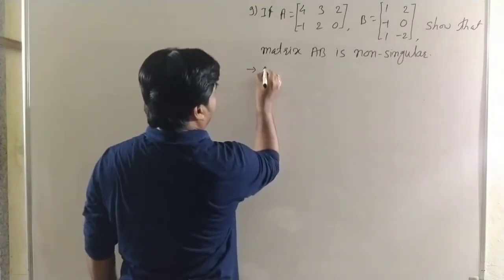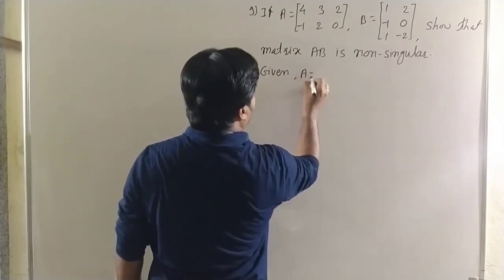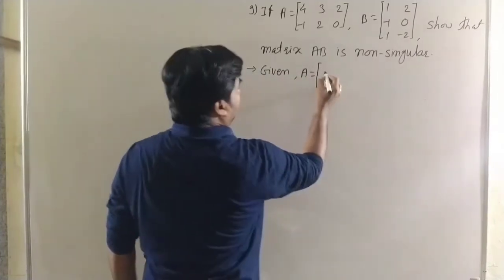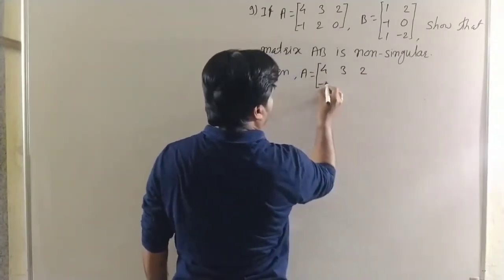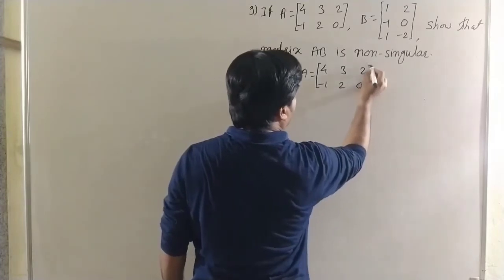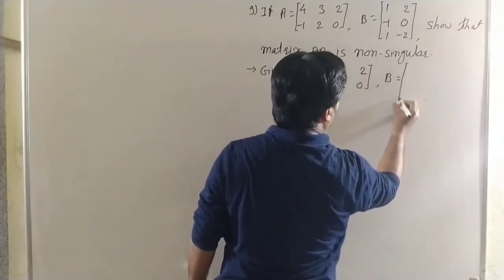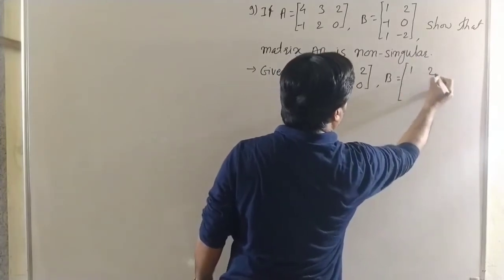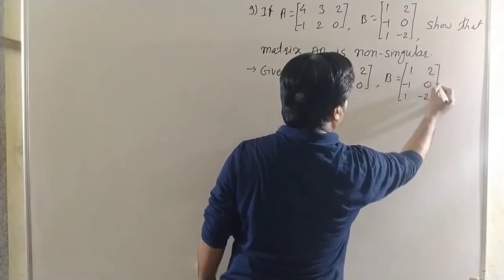Here given the matrix A is [4, 3, 2; minus 1, 2, 0] and B is [1, 2; minus 1, 0; 1, minus 2]. Okay.